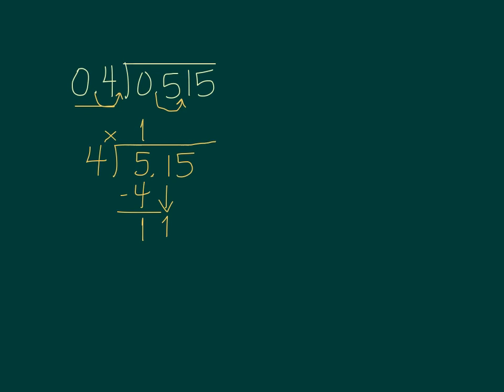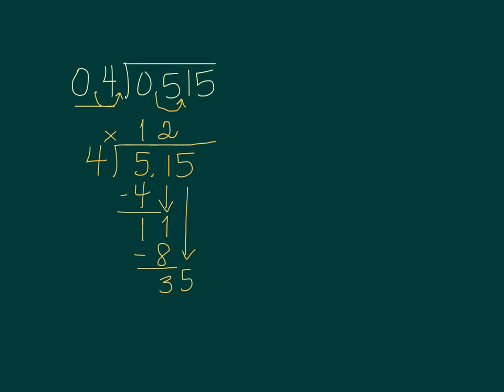Well, 2 times 4 is 8. 3 times 4 is 12, so I'm going to go with a 2. 2 times 4 is 8. 11 minus 8 is going to be 3. Bring down the 5. 4 times what is close to 35? I think that's going to be a 7. 7 times 4 is 28.